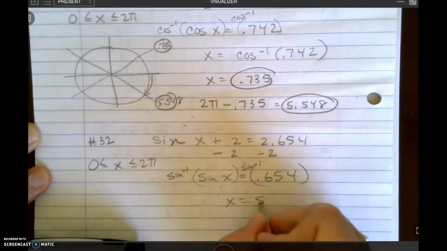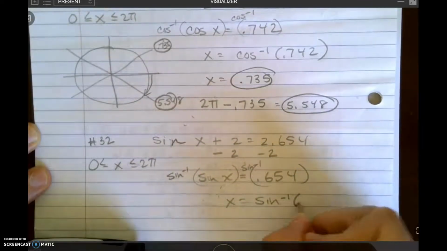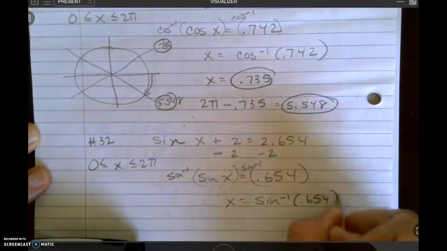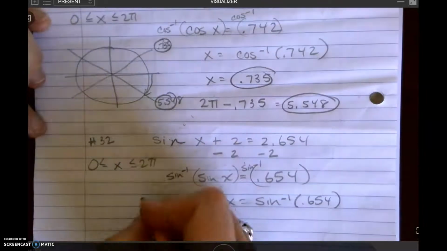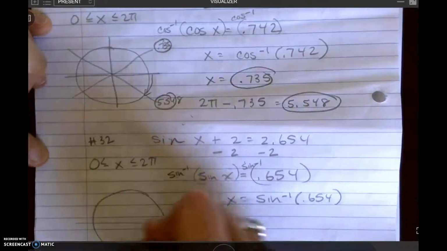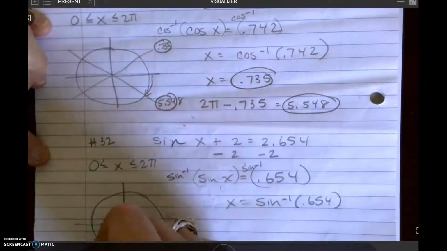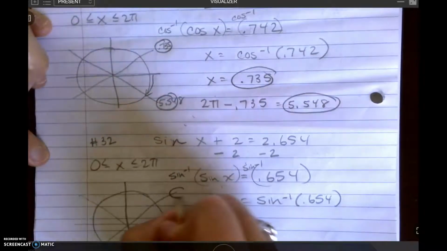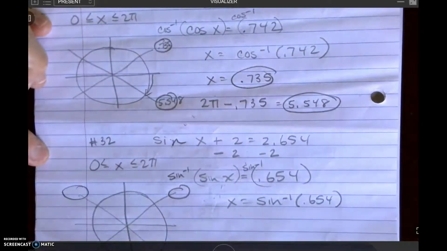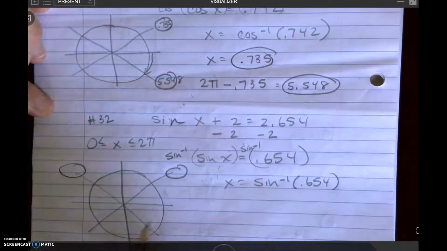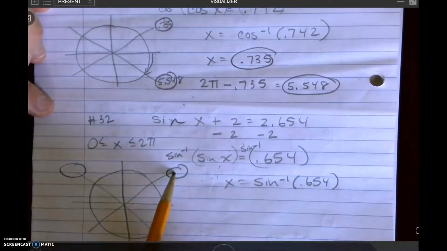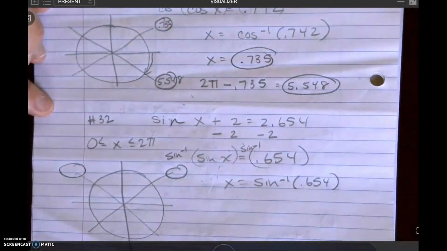So x is the inverse sine of 0.654, which is positive. And I know that sine is positive in quadrants 1 and 3 because it's the y coordinate. So I'm going to need two answers, a quadrant 1 and a quadrant 3 answer.